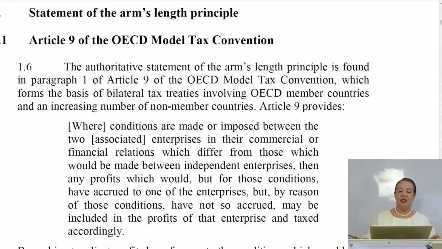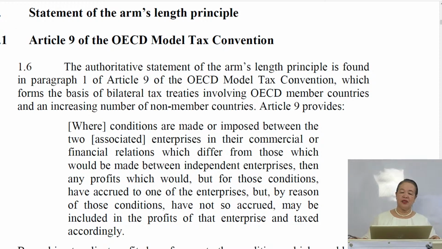And in making a comparability analysis, the available data and information is very important, because if there is no data available, then it is hard for the analyst to make a transfer pricing analysis and to prove that the transaction is arm's length.